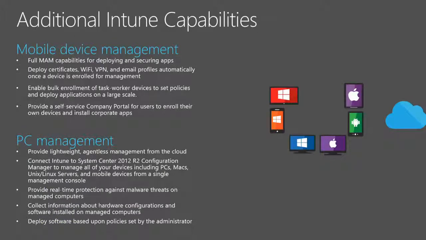Some additional things other than the MAM. If you have the full subscription, Intune can enable you to deploy certificates and Wi-Fi and VPN profiles. There are some additional features for enterprise as far as being able to bulk enroll devices and set policies at a large scale.